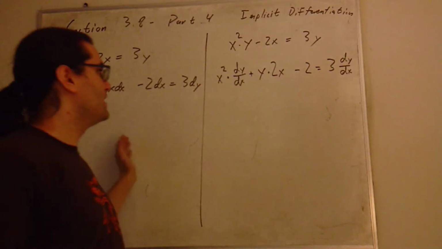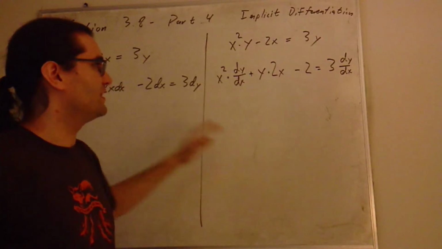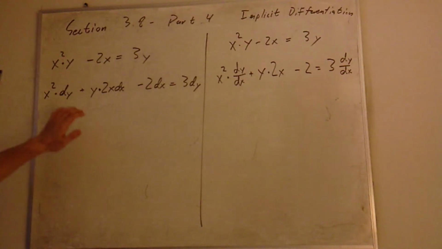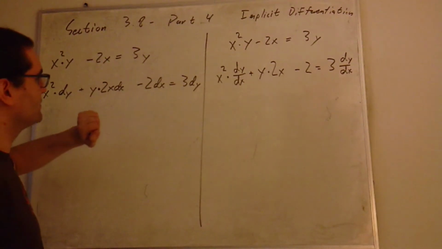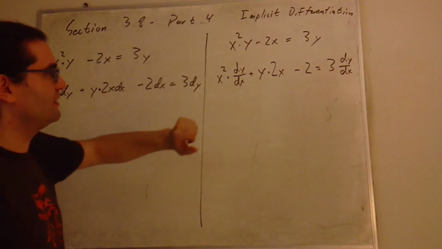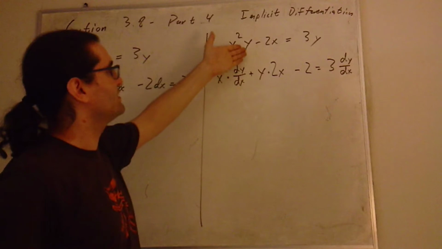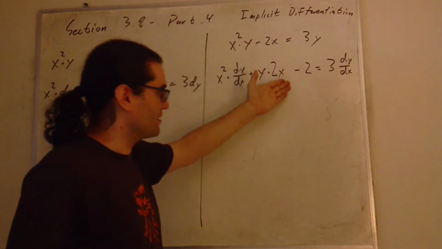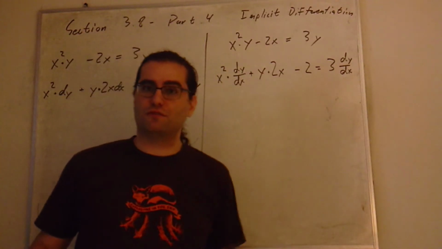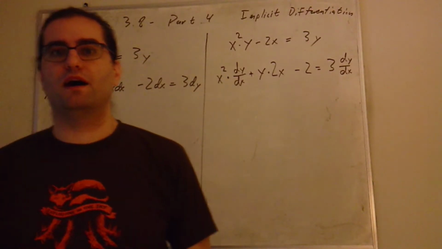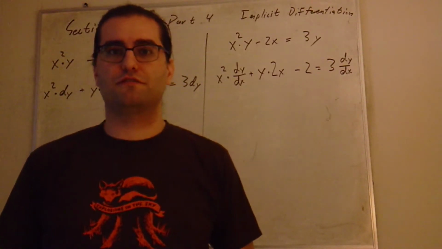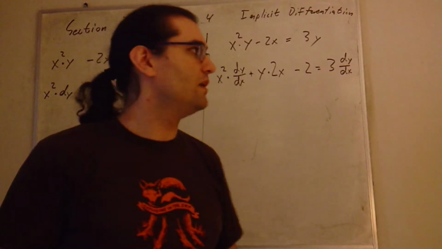So they are equivalent, they just look different. I think this one looks nicer. This is more accessible to me. If you prefer to do it this way, with dy/dx's as the derivatives here, and nothing as the derivative here, you could do it that way as well. Doesn't make a huge difference to me. Whatever you're more comfortable with.